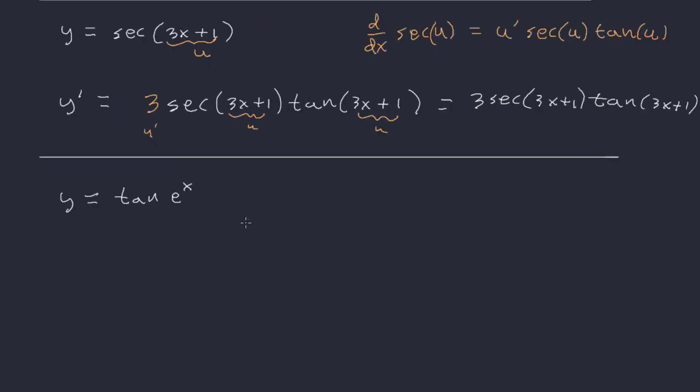All right, next up, I want to show that this is how the book writes this problem. And I do find myself kind of frustrated with how the book is laissez-faire with parentheses. In a way, I get it. But remember, the trig functions and natural log and functions like that always have an input. This is not a product rule. Okay, this is a chain rule because what it's saying is tangent of e to the x.